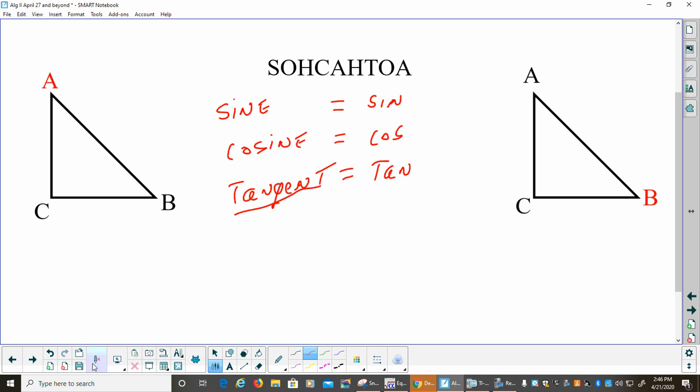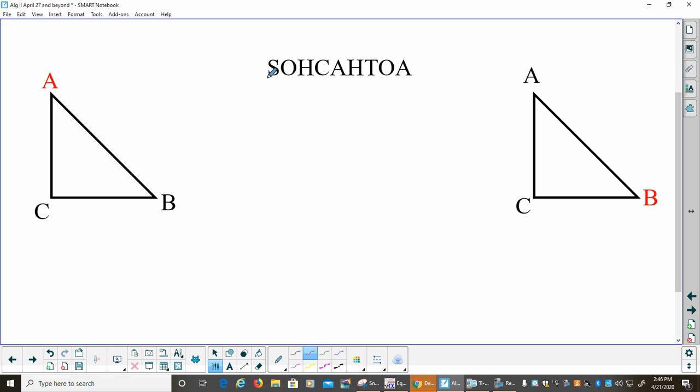SOHCAHTOA. Each letter stands for what you do. Sine is your opposite side over your hypotenuse. Cosine is your adjacent over your hypotenuse.